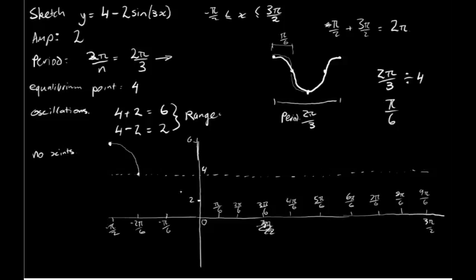Here's our second, which will end up down at the turning minimum point there. Here's the next bit, and then up again. So there's one oscillation.